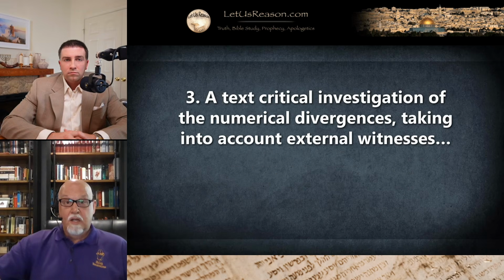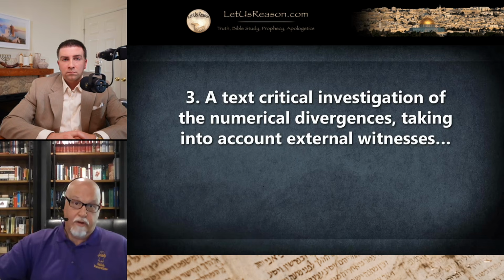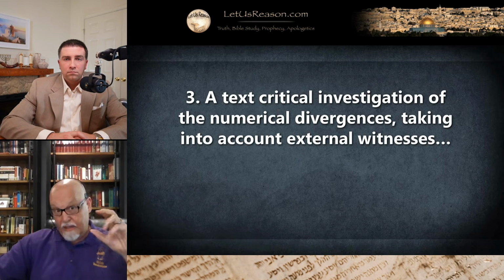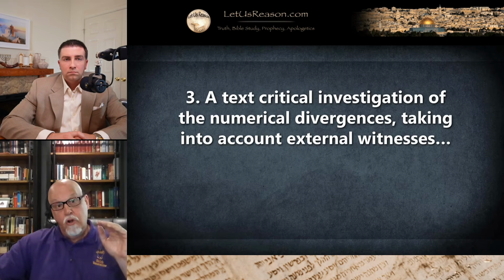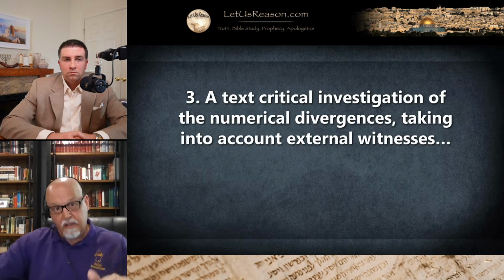So what I wanted to do with this is dig into this, do a text critical investigation of these numerical divergences, and not only look at the manuscripts, but also external witnesses. There are lots of ancient authors who record the numbers from Genesis 5 and 11 and make calculations.